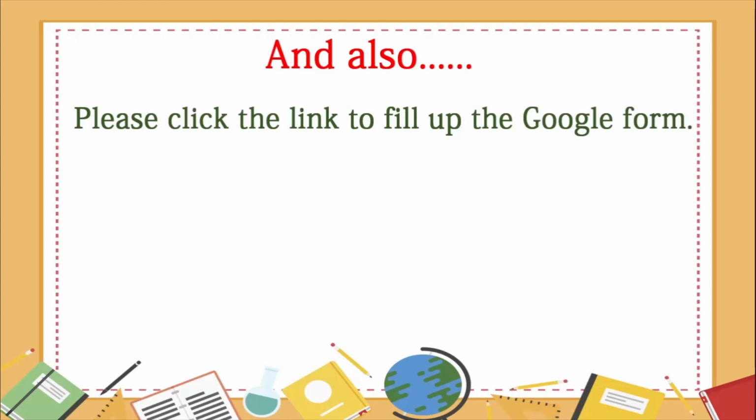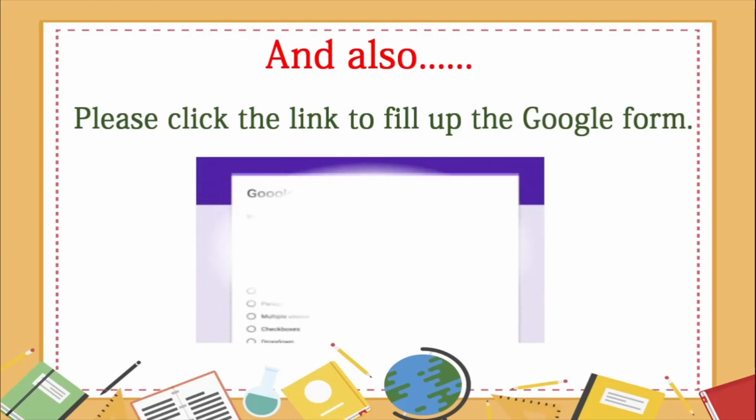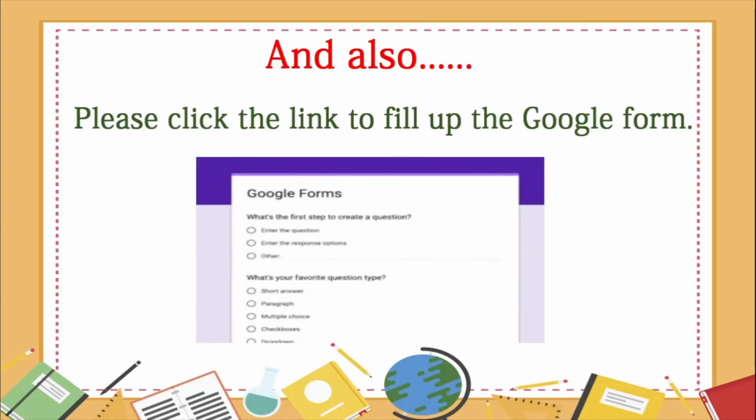So now what is the Google form, children? It is nothing but a simple form. There are a few simple questions there about the video which you just saw and also about yourself. So these are the tasks that you will have to complete after you watch each video.